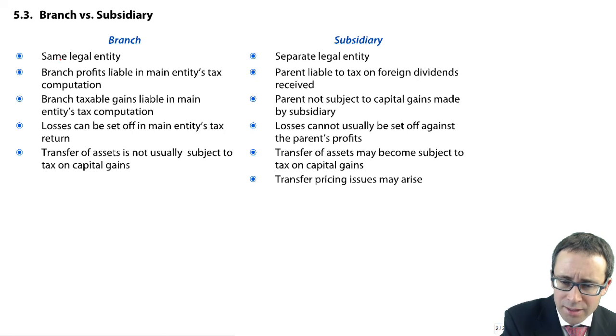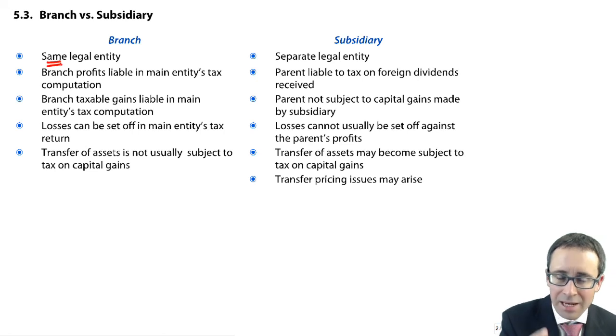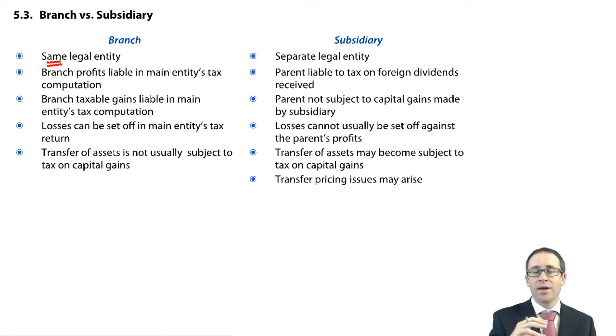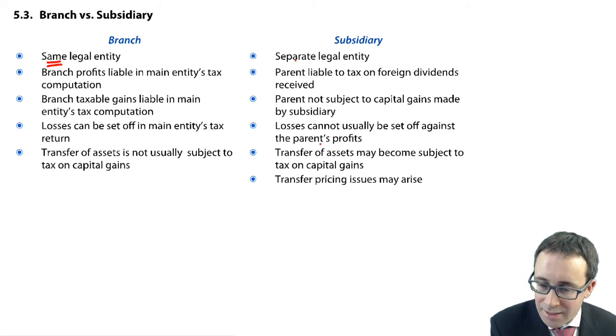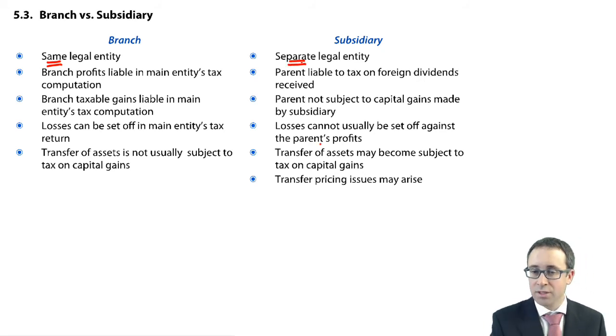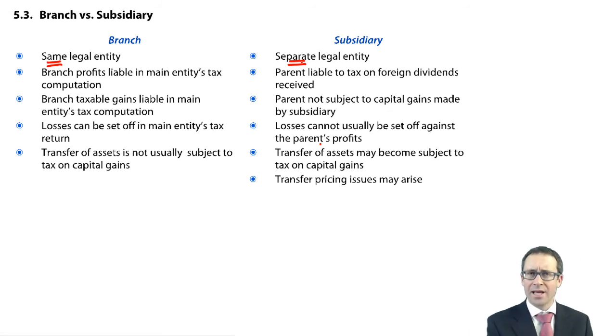Because if you set up a branch, that is the same legal entity. So even though it is overseas, it will be taxed as part of your profits back in the UK, presuming therefore that the UK is where you have your domestic residency and are therefore taxed. However, if you set up a separate legal entity as a subsidiary, then it is viewed as a separate legal entity.